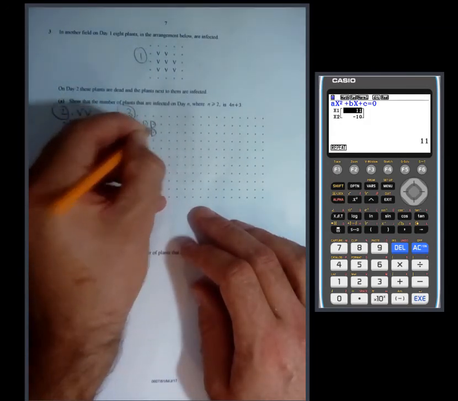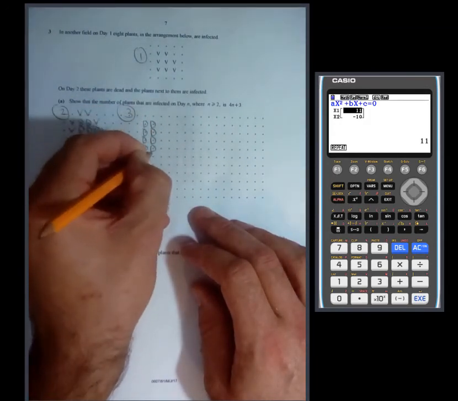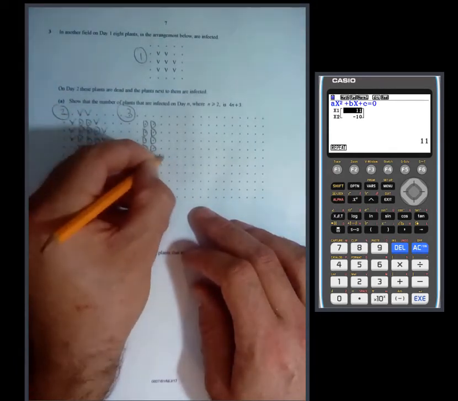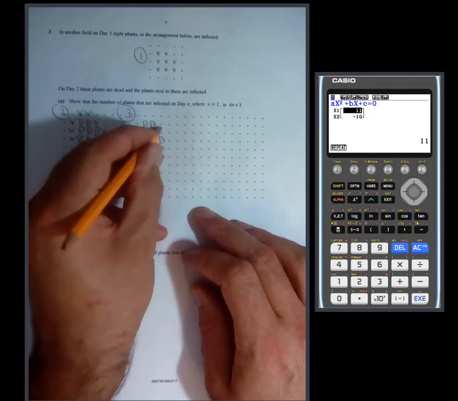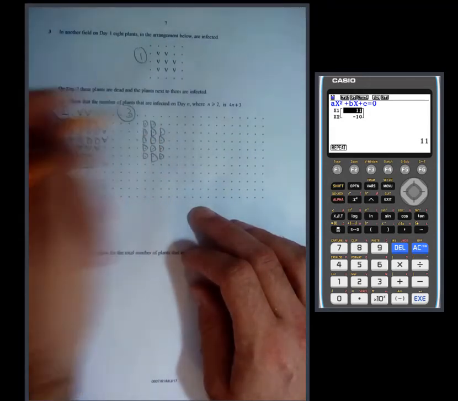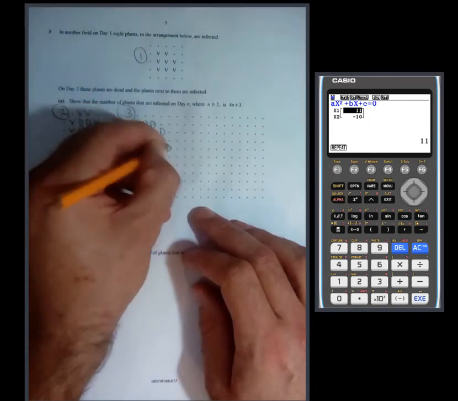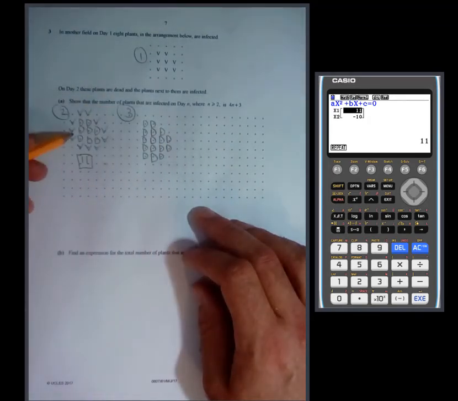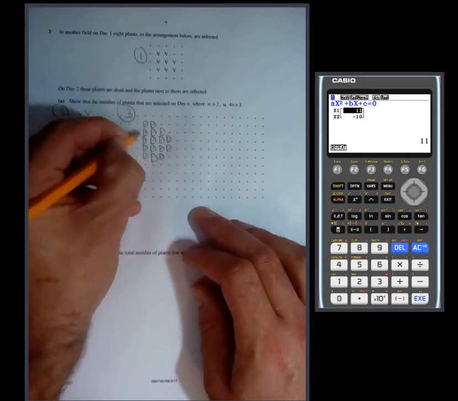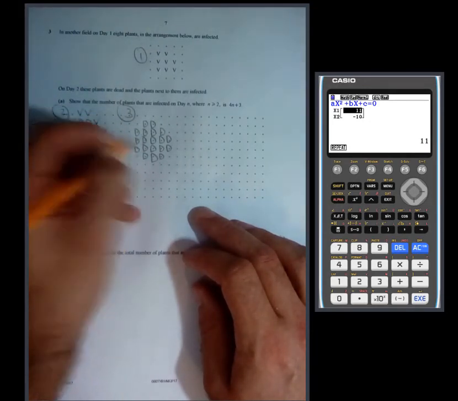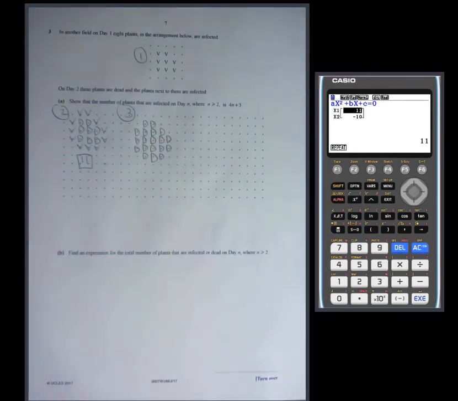Then 1, 2, 3, 4 dead from here. 2 dead ones there. They were up. 1 dead, dead. And just these 3 on the side, actually. Dead, dead, dead. Right, so they are all the dead plants on day 3.